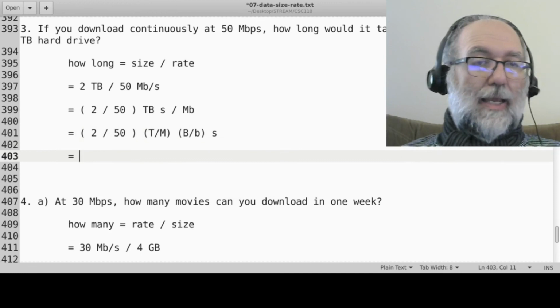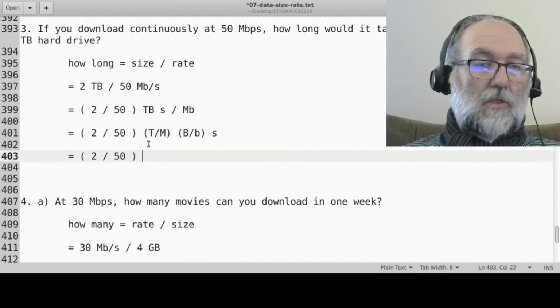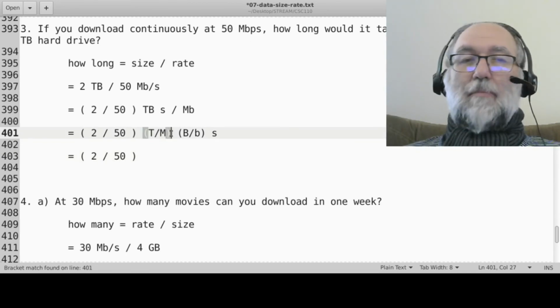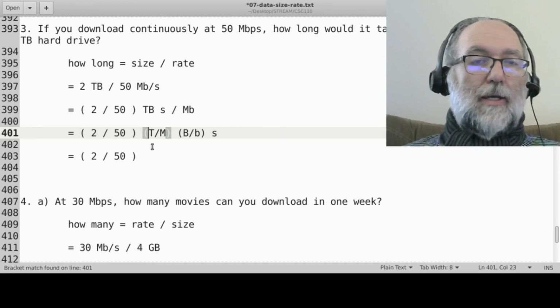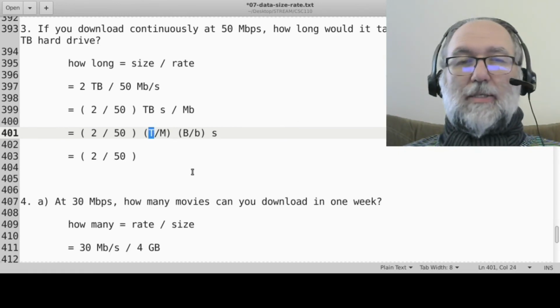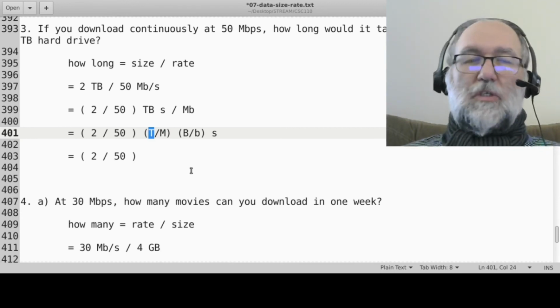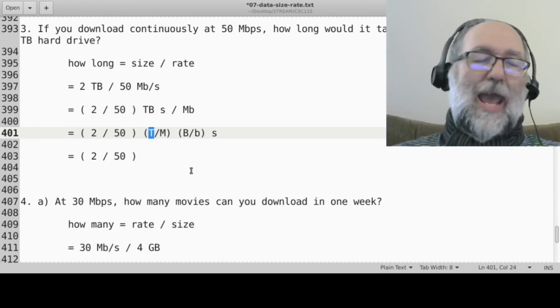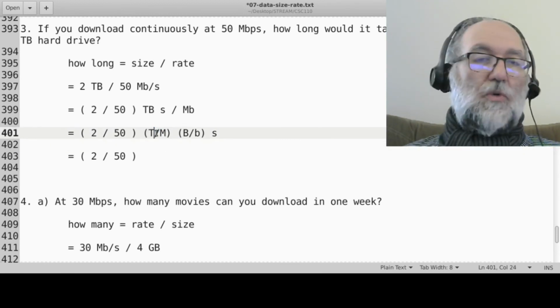Okay, now the next thing is, let's resolve these units. So just the metric prefixes, tera divided by mega. How do you do that? This one's a little bit harder because now we're into the gigas, billions. Now we're into the trillions, and you might start to lose track of how many zeros you need in there.